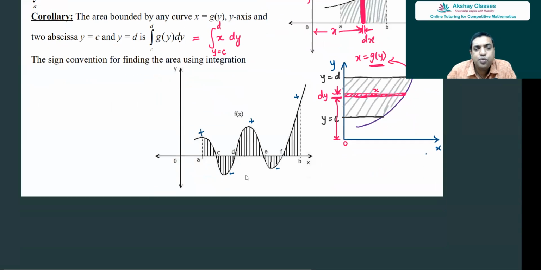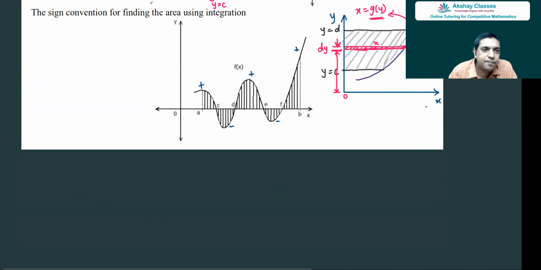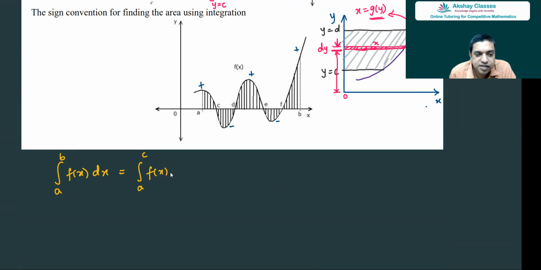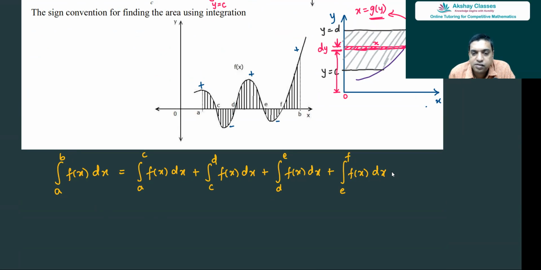So when we do integral, an important point: integral a to b f of x dx is equal to integral a to c f of x dx plus integral c to d f of x dx plus integral d to e f of x dx plus integral e to f f of x dx plus integral f to b f of x dx.